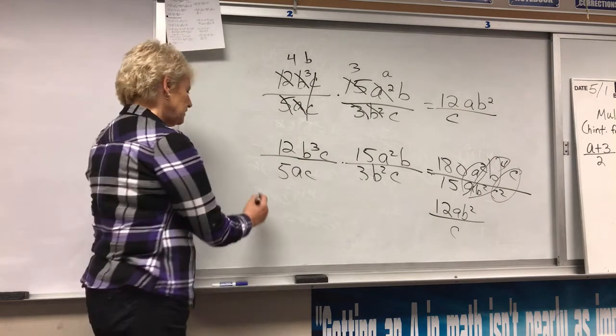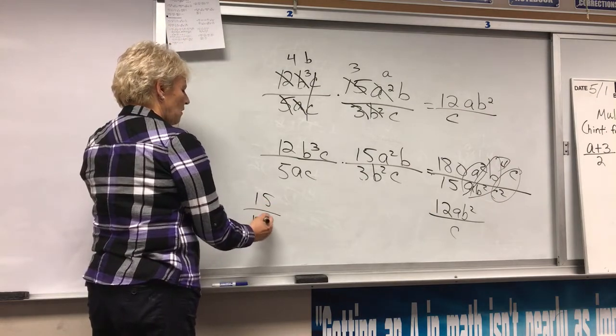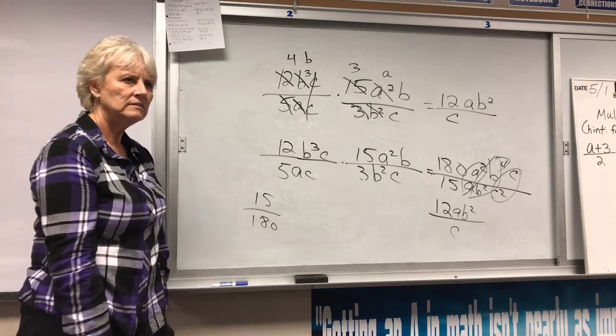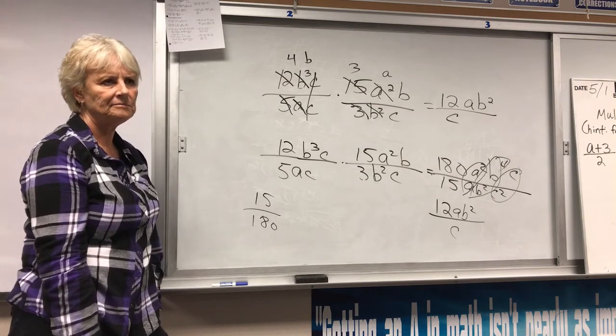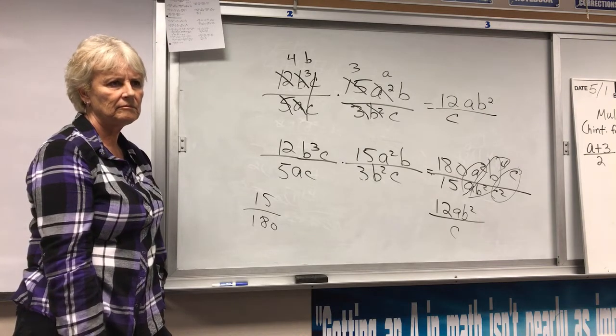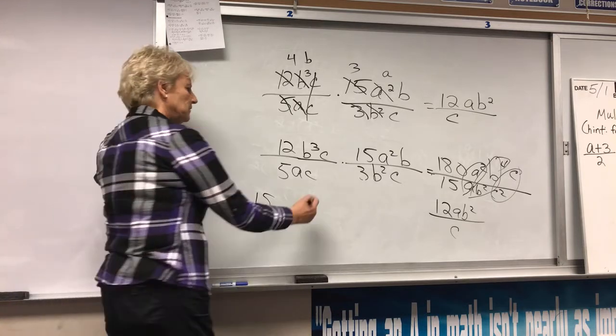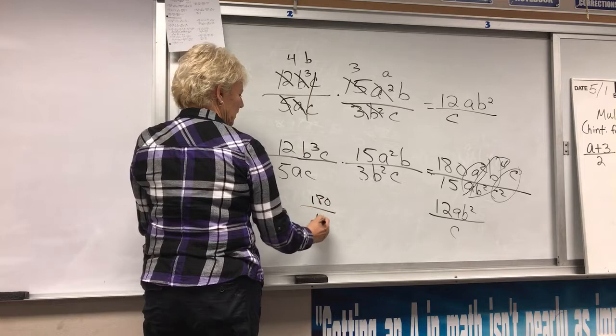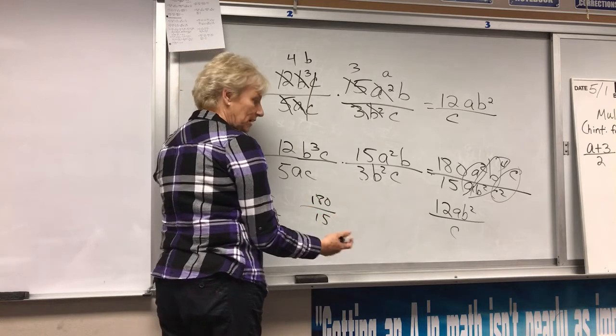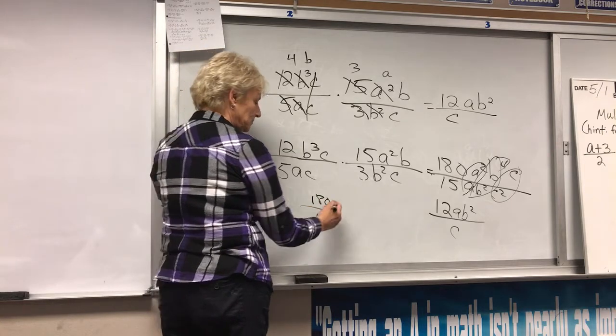Well, what if it was this? Then it would be a fraction, so 12 would be on the bottom. It's interesting. Here's what you're really doing. That's why you know if it's on top or bottom.